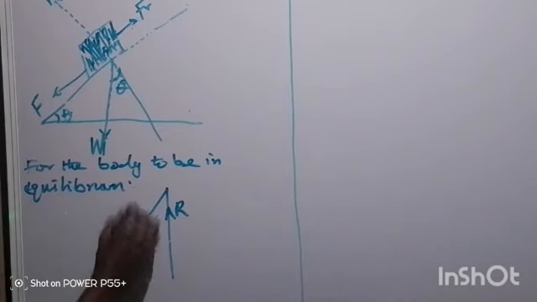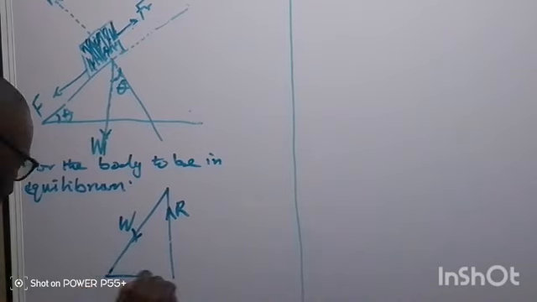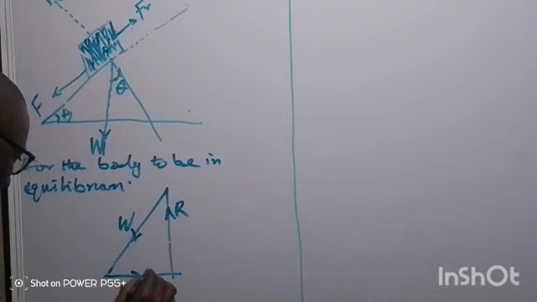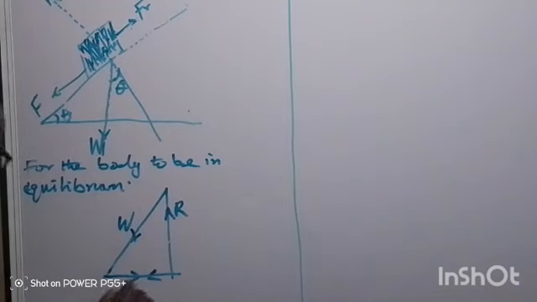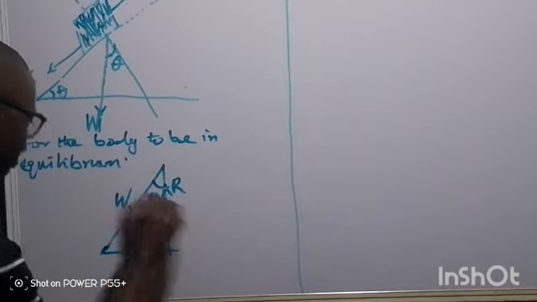This is the weight of the body. Then the horizontal force goes like this, and the frictional force in the opposite direction, moving like this. Since both are horizontal, let's use ordinary F, and this is angle theta.